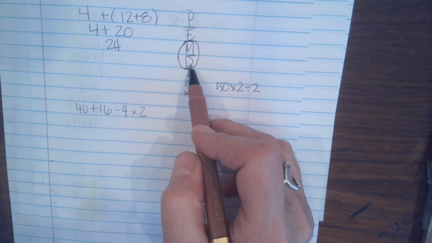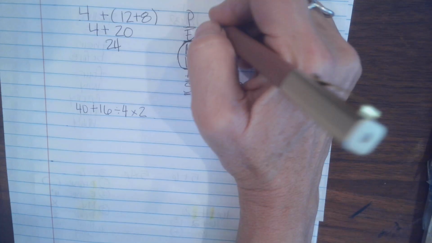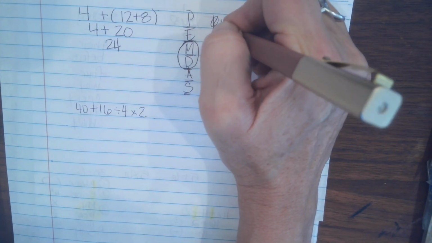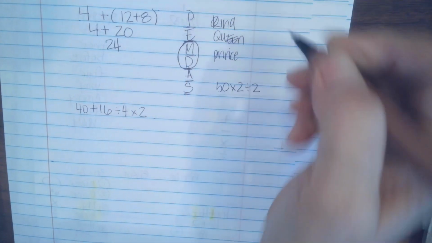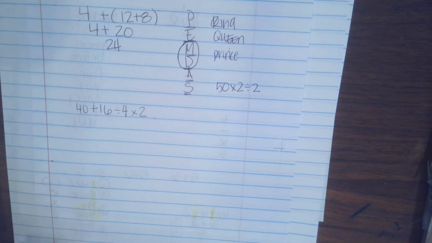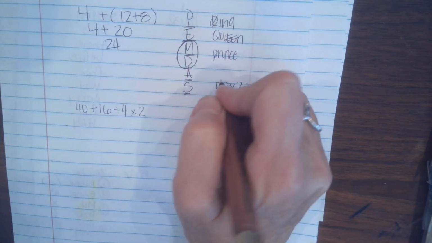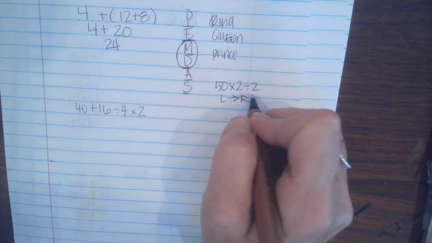You don't do division first. They're equal. So it's like kings and queens. This is the king. This is the queen. And then these are the princesses or the princes. They're both the same. So if you're left with just multiplication or division, you do it like how we read in English. You do it left to right.